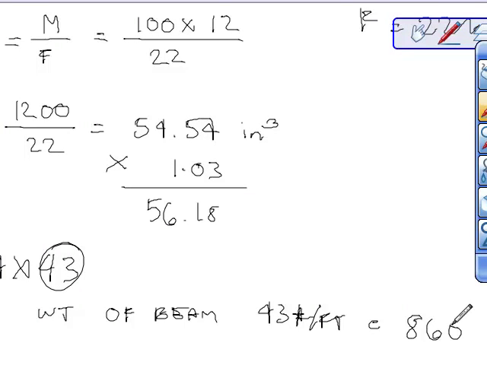Okay, so we want to make sure that this design is still okay.